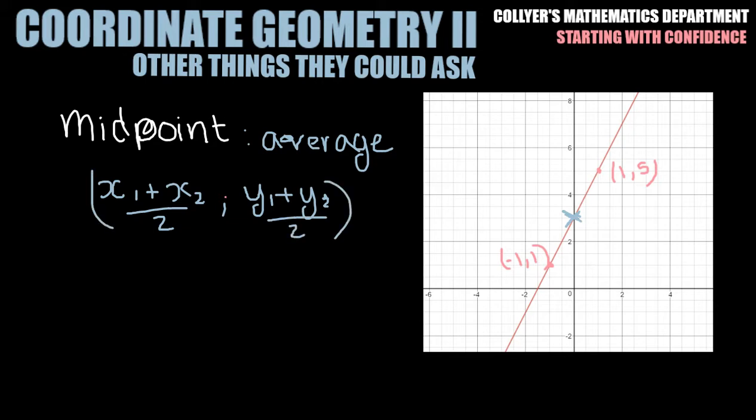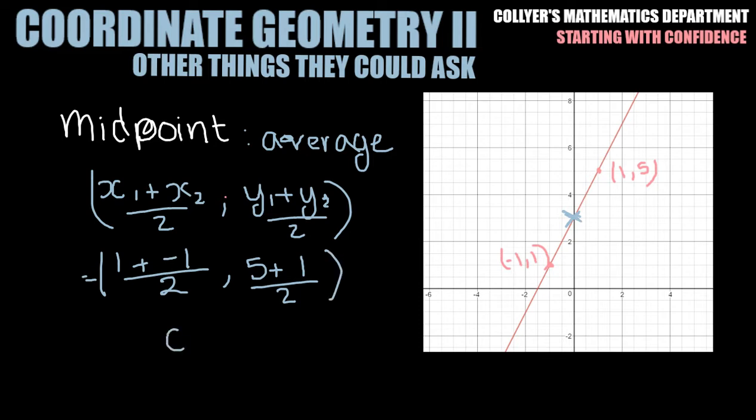So in this case, I've got 1 and minus 1 as my two x values, and my y values correspondingly are 5 and 1. This gives me 1 add minus 1 is 0, 0 divided by 2 is 0, and 5 add 1 is 6, divided by 2 is 3.